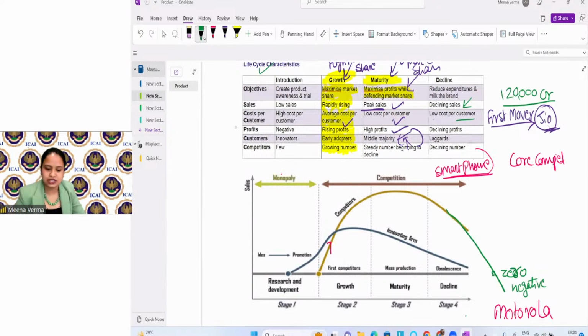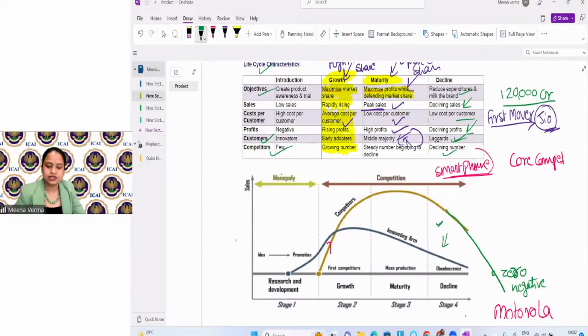Cost per unit is less, obviously. Since the sale will decline, obviously the profit will also decline in this stage. Obviously no one is willing to buy these products, but there are some laggards who will continue to buy the product. Competitors will decline in this market. And it will reduce the expenditures.